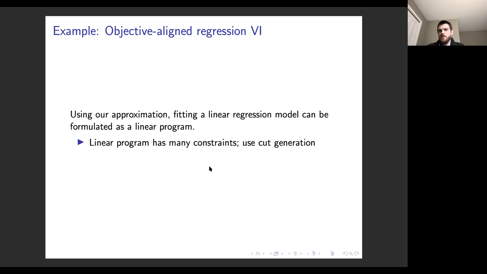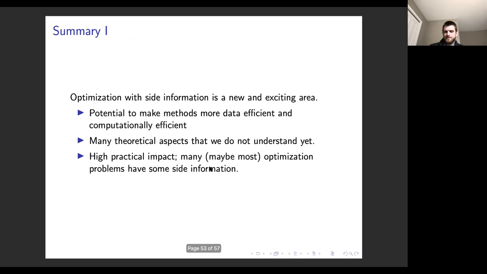Then we can fit linear regression models by solving a linear program with this. We do have to use some techniques from optimization, such as cut generation, because our linear program has an exponential number of constraints. But using these techniques, we can get it to work.